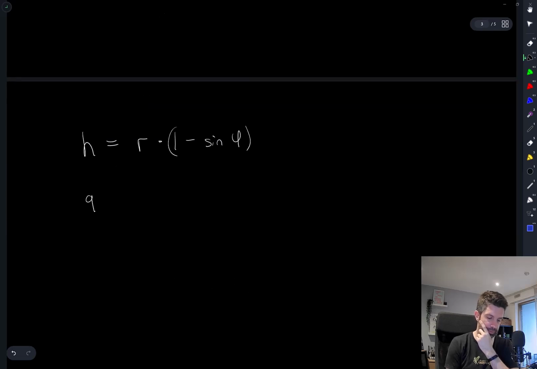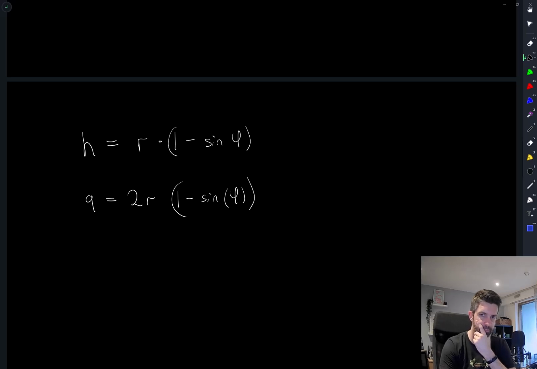So 9 is equal to 2r times 1 minus sine phi. Am I missing something? I have two variables here. Two variables but one equation.